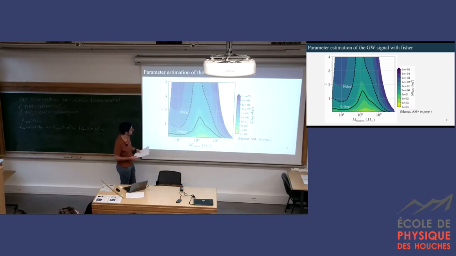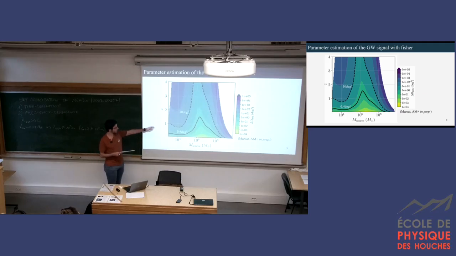For example, you can see that if you are around 10 to the 6 solar masses, we have an average sky localization of the order of 0.4 square degrees up to redshift 1 and something. Here we reported 0.4 and 10 square degrees just because this is the field of view of a couple of telescopes. I'm just going to mention them, but this is Athena and this is the Vera Rubin.